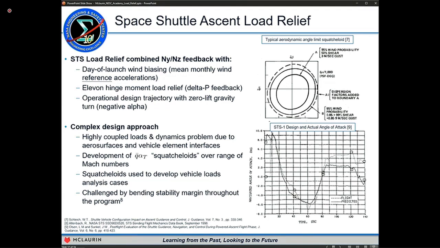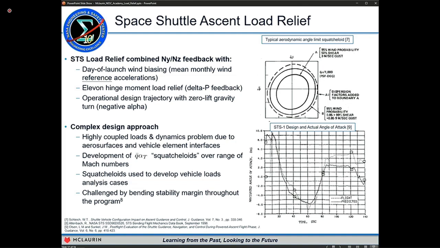The key difference between Saturn and Shuttle, because Shuttle was not a zero lift configuration, although it flew a zero lift trajectory, is that there was a reference acceleration. And so load relief in Shuttle was actually flying to a reference acceleration. Now, as some listeners may know, there were quite a few flight control anomalies driven by aerodynamics errors on STS-1.